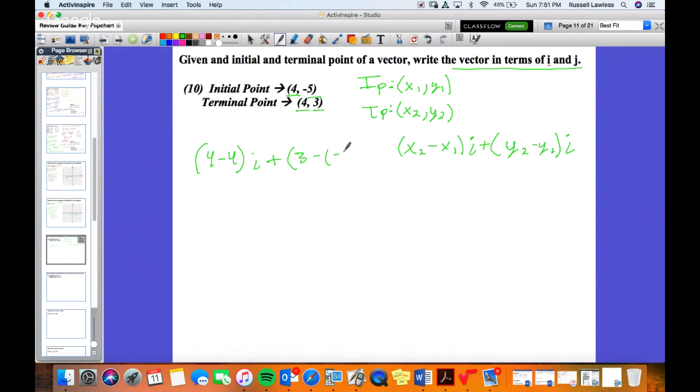That should be 3 minus -5, j. There's a 0i, so then that would give us a plus 8j. This 0i doesn't really exist, so the final answer would be 8j. I'm fine with this 0i plus 8j up here, but I would prefer the 8j.